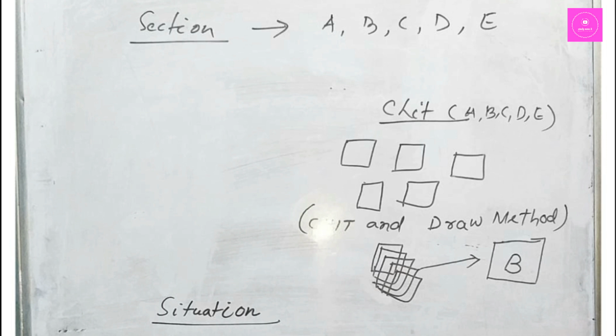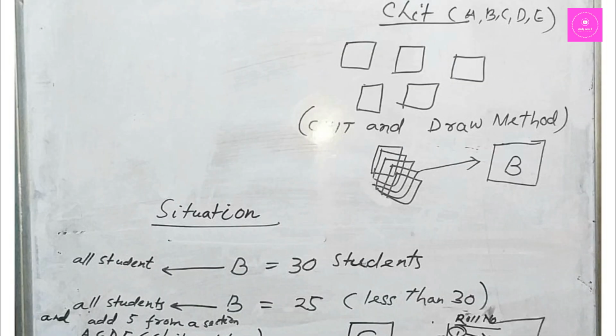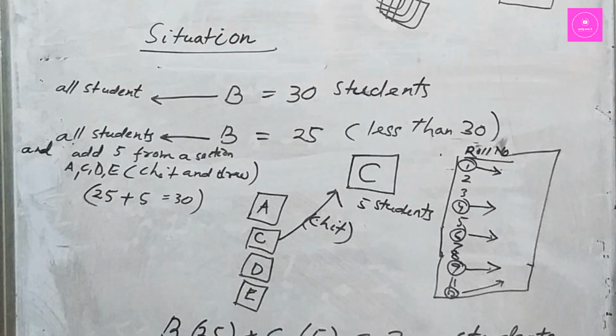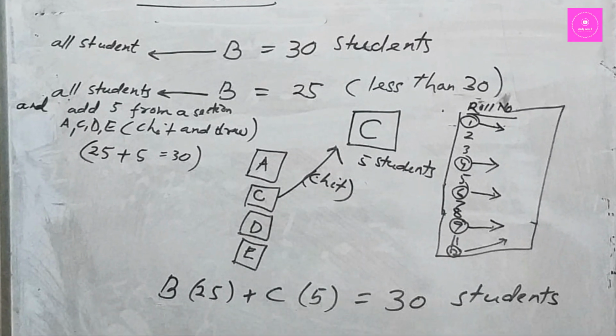Now at this point check how many students are there in section B. In case there are exactly 30 students, then the survey will be conducted with these 30 students. Okay, but if there are fewer than 30 students, for example section B has 25 students, then what will we do?